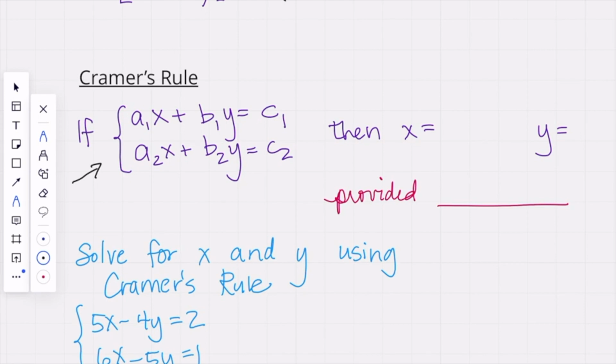And this is pretty darn cool, okay, because we're going to find the determinant of just the coefficients of our variables in the bottom of a fraction. Oh, I don't think I said that we denote the determinant by what looks like absolute value bars around a matrix.